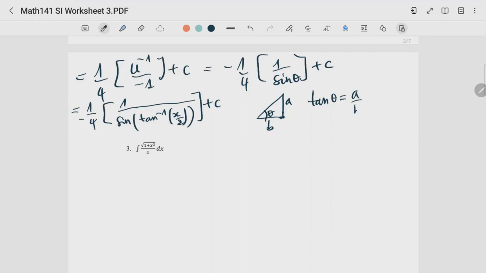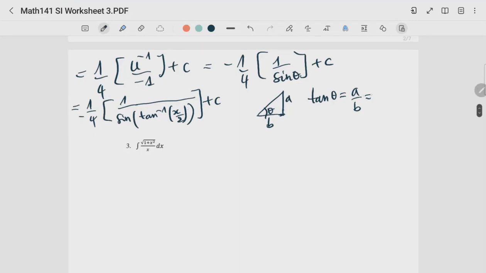So A over B. So in our case, A is equal to x and B is equal to 2. So now we have that theta is equal to tan inverse of A over B, which is just x over 2. And because we know that, therefore sine of theta is what?